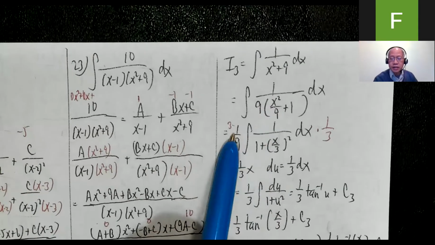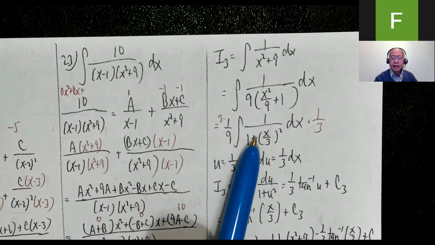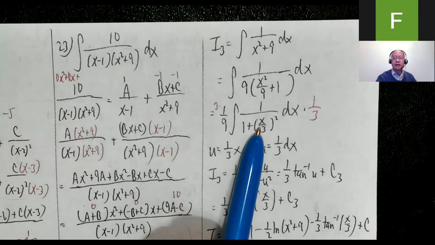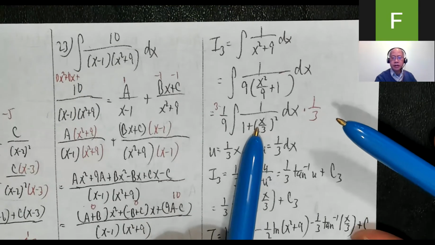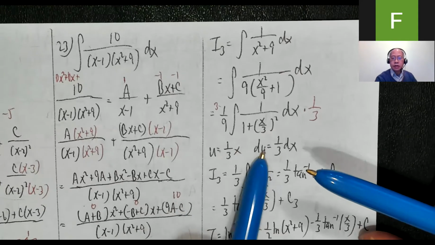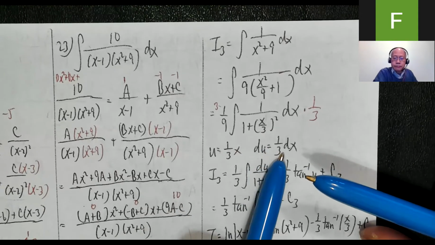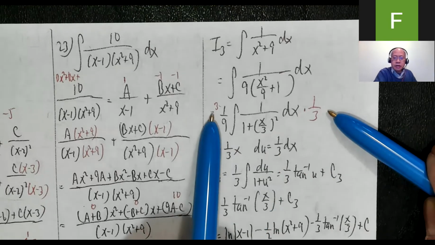And I'll take out the 1/9, rewrite this as 1 over 1 plus x over 3 squared. I need to write it as some quantity squared in order to do my inverse tangent. So u equals 1/3 x, du equals 1/3 dx, which means I need a 1/3 inside and a 3 outside.